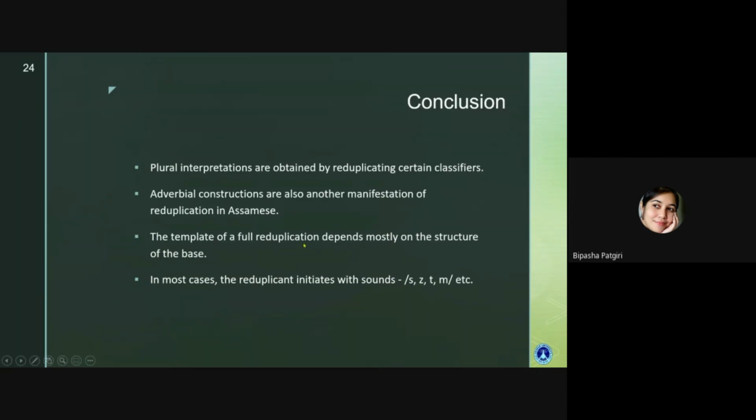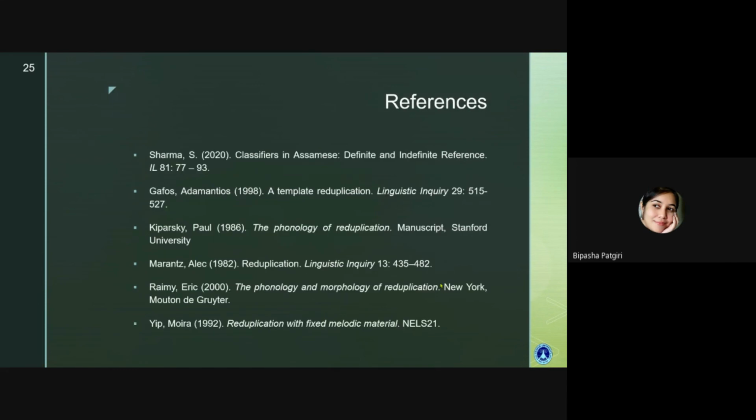The template of full reduplication depends mostly on the structure of the base, and in most cases of partial reduplication, the reduplicant begins with sounds like sa, za, ta, and ma. The first three are all alveolar, and ma is the only bilabial sound, a sonorant, that can be part of the reduplicant structure. These are the sounds which begin the reduplicant structures, and here are the references.